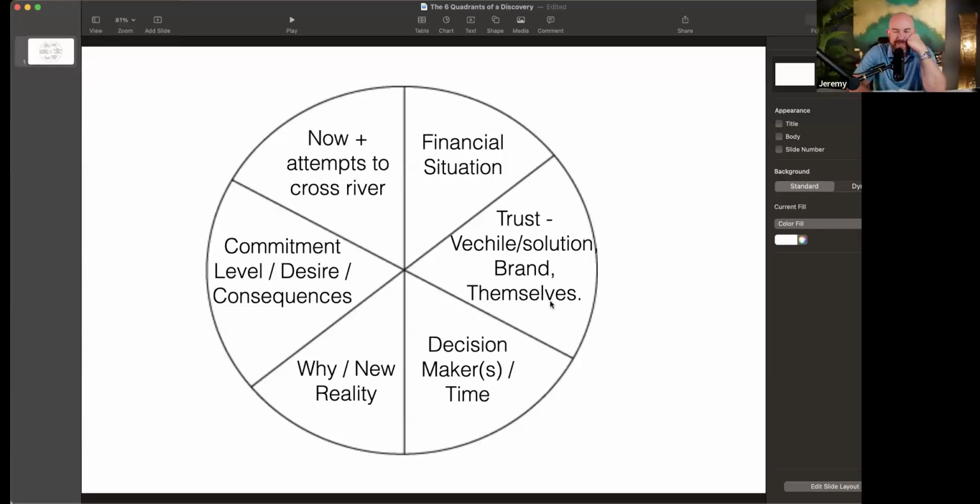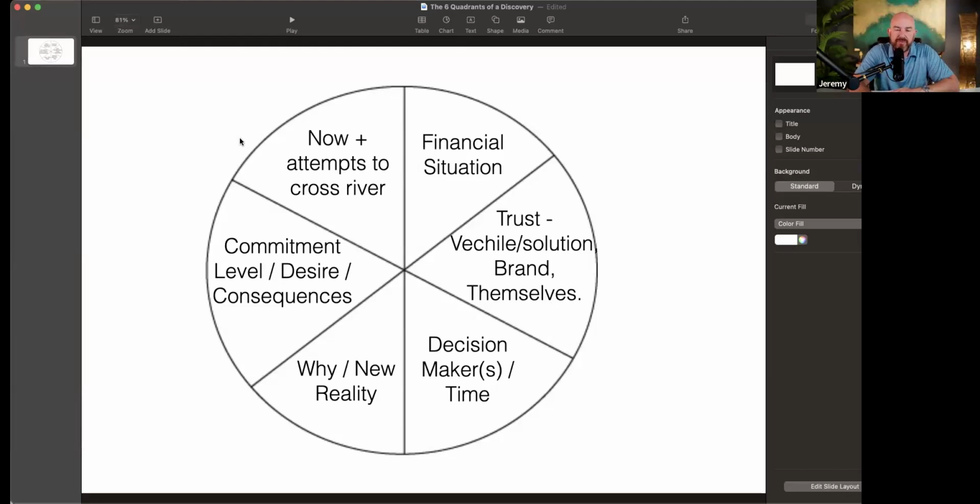I do have a question. The other day I was on a call. I was hopeful that it was going to be a sales call, but when I was in the quadrant of the now and the previous attempts to cross the river, I felt like they weren't really in a position where right now they were ready for something.